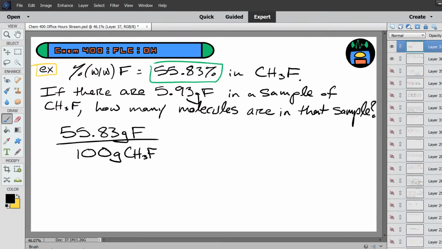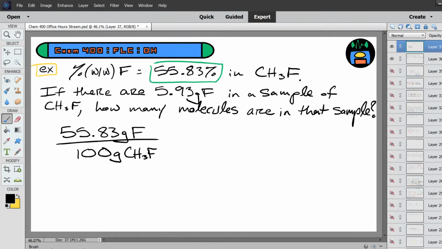But like any ratio, you can invert it and it's still true. I'm deliriously tired. It's not an identity, but it is a ratio, and it's true whether you invert it or not. There are 55.83 grams of fluorine in 100 grams of CH3F.